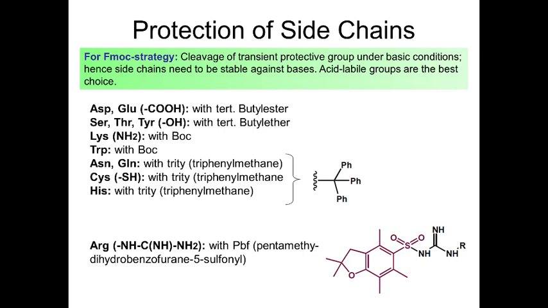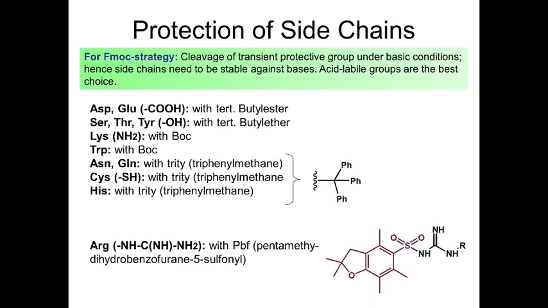The same holds true for tryptophan and asparagine and glutamine. They are protected with triphenylmethane. The structure is shown right beside. Then the cysteine containing the thiols, they are protected with the same protective group, and histidines are also protected with triphenylmethanes.